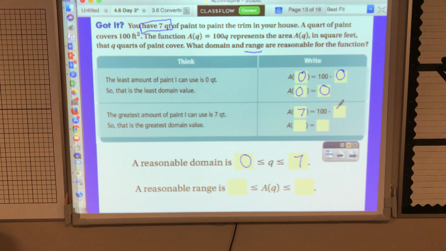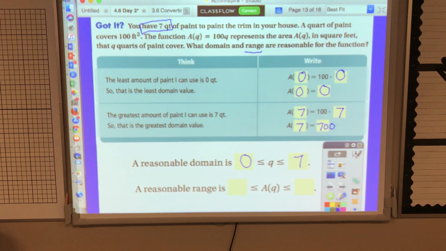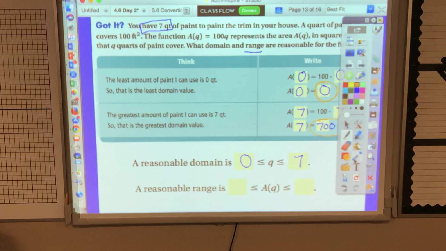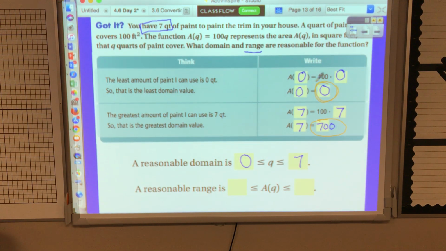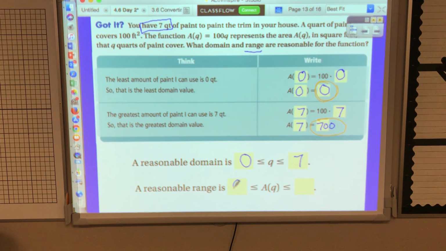I substitute that 7 in for the q, which means 100 times 7. So A of 7 is 700. These two output values, the 0 and the 700, are the amounts I can use for my range. They're the outputs when you substitute in your smallest domain and your biggest domain. So the reasonable range is that I can paint 0 square feet to 700 square feet.